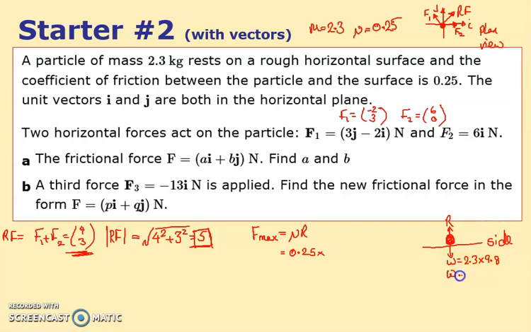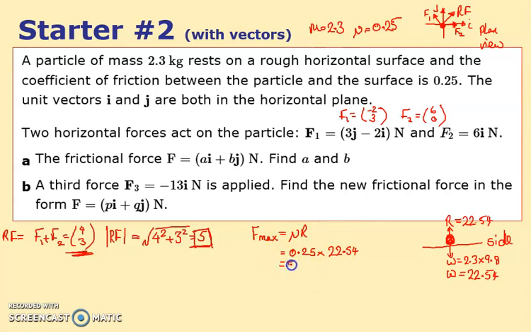That's definitely not one you know off the top of your head. And of course weight equals this R, because there are no other forces acting up and down. So R is also 22.54. If I find my F max by multiplying by 0.25, I get 5.635.